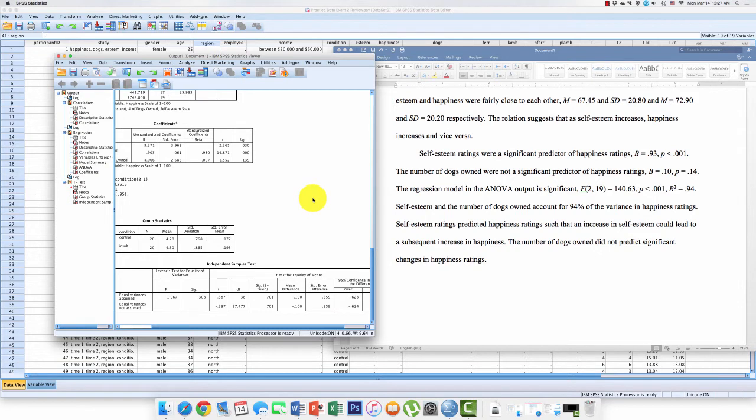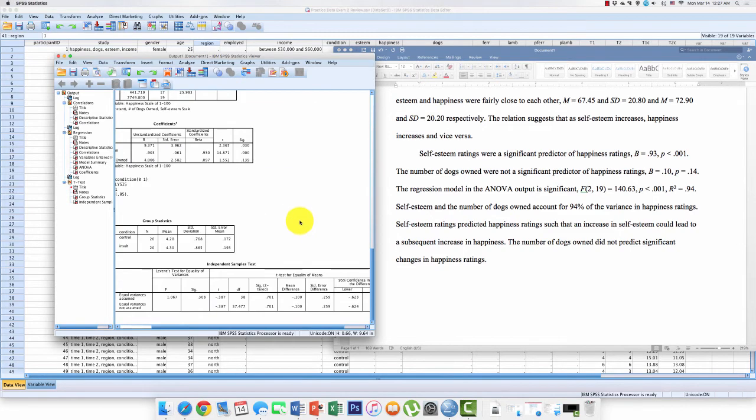Remember, when a t-test looks at differences in the means, if there are no significant differences in the means, this is suggesting that there's no significant difference in the variances. And since there's no significant difference in the variances, you can say that random assignment was successful.